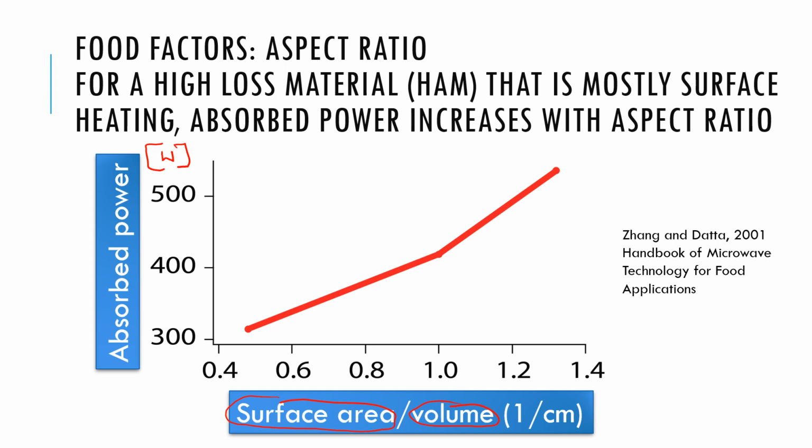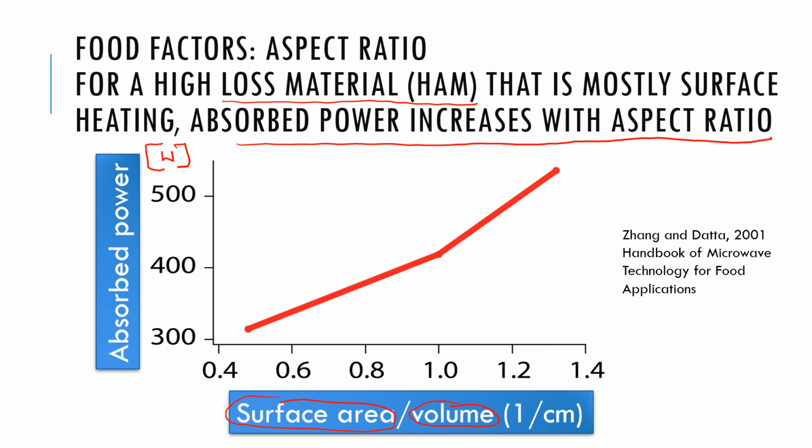For this high loss material, that is ham, where the microwave power is absorbed mostly near the surface because it's very high loss, the absorbed power increases with aspect ratio. Now, this may not be true for a low loss material.